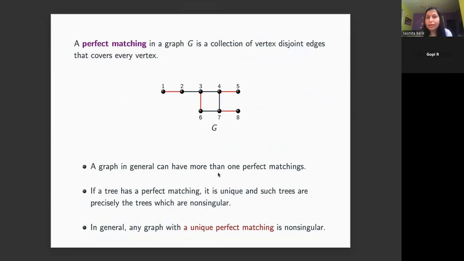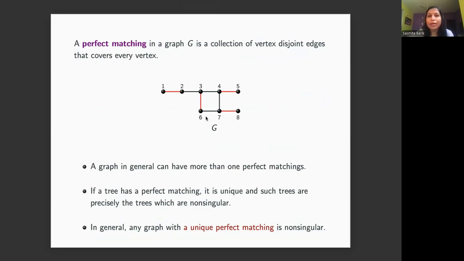A matching in a graph is a collection of disjoint edges, and a perfect matching is a matching which covers all the vertices. Like here, in this example, if I take all the red edges, this gives a perfect matching because it covers all the vertices.